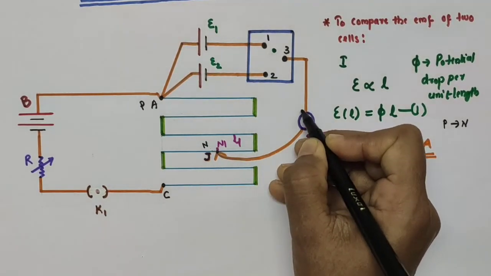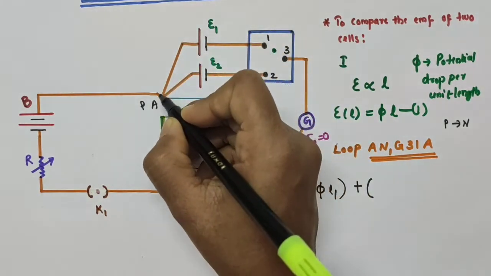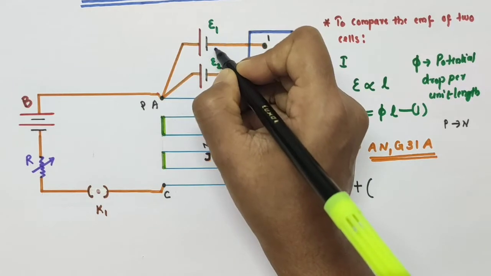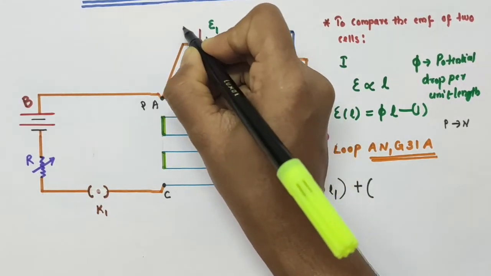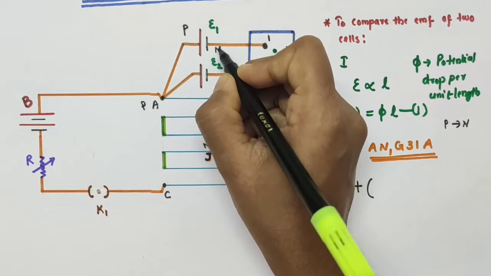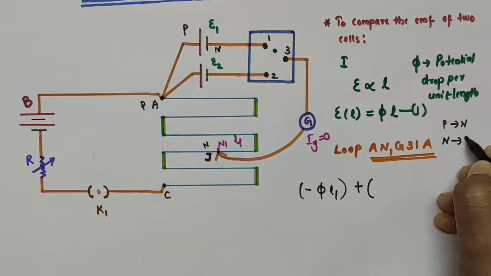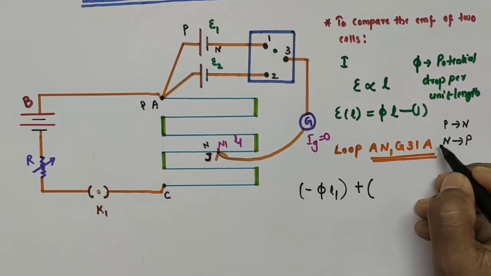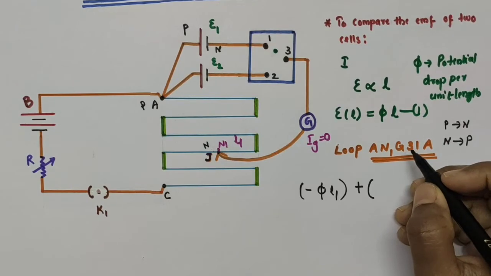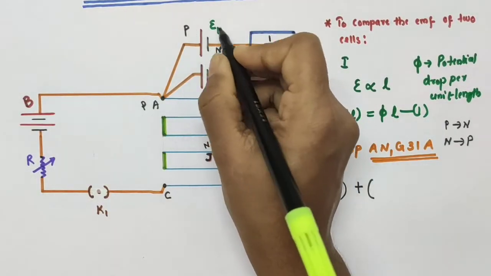Then we reached here. We are going through this. We reached here, then we are going like this because we want to come back to A to complete the loop. So when we reach here, this is the negative terminal and this is the positive terminal. So we are walking from lower potential region to higher potential region. According to Kirchhoff's rule, if you are walking from N to P, then the corresponding potential difference must be taken as positive. So here the potential difference across this is E1.